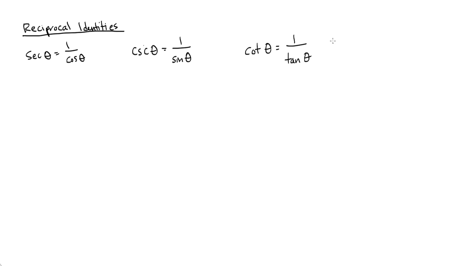But guess what? We can flip those around, can't we? If I told you that 1/2 was the reciprocal of 2, wouldn't you tell me that 2 was the reciprocal of 1/2? It works the other way too. If secant is the reciprocal of cosine, then cosine must be the reciprocal of secant.